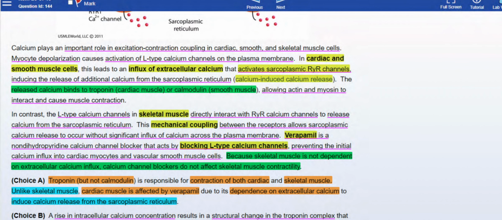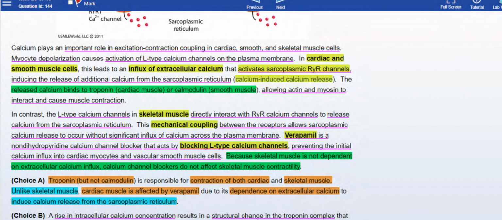Released calcium binds to troponin in cardiac muscle, or calmodulin in smooth muscle cells, allowing actin and myosin to interact and cause muscle contraction. In contrast, the L-type calcium channel in skeletal muscle directly interacts with RYR calcium channels to release calcium from the sarcoplasmic reticulum. This mechanical coupling between the receptors allows sarcoplasmic calcium release to occur without significant influx of calcium across the plasma membrane.